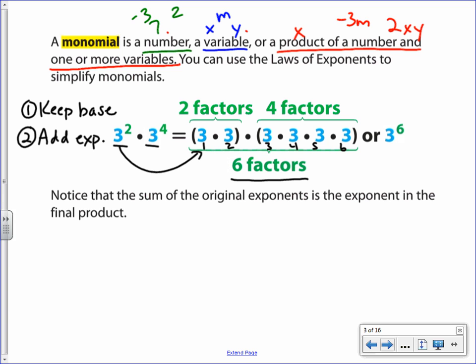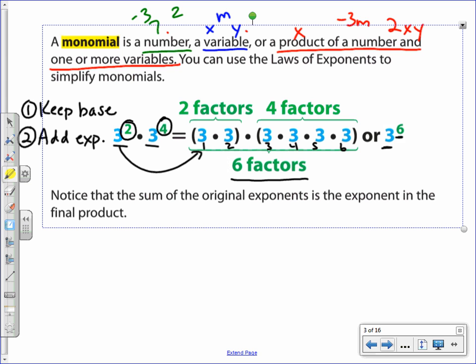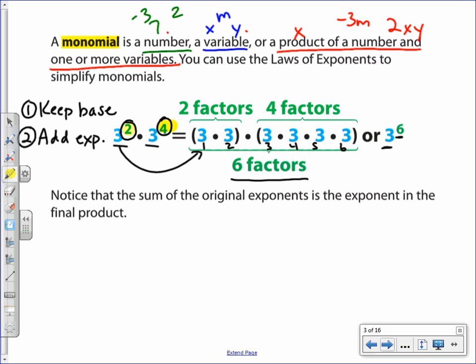I keep the base of 3, and I added my exponents together, 2 plus 4. If I need a better visual, there it is. Notice that the sum of the original exponents is the exponent in the final product. So what are they telling us? 2 plus 4 is equal to 6.